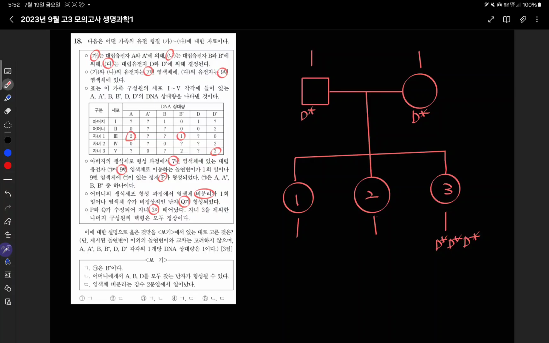That means the cell is diploid, so child number 1 is homozygous in gene A and heterozygous in gene B and homozygous in gene D. That means father and mother should have at least one A allele and D allele. So both of them are heterozygous in gene D.